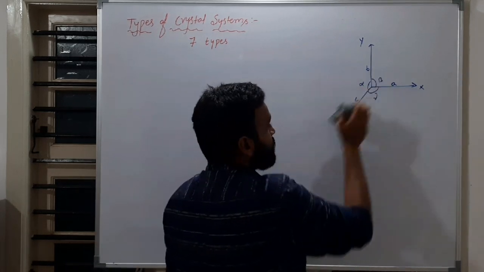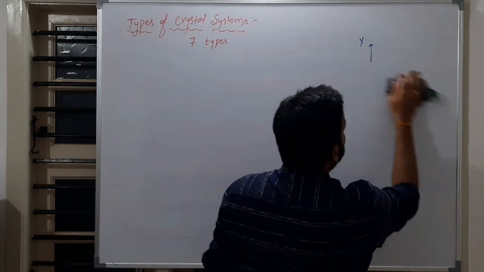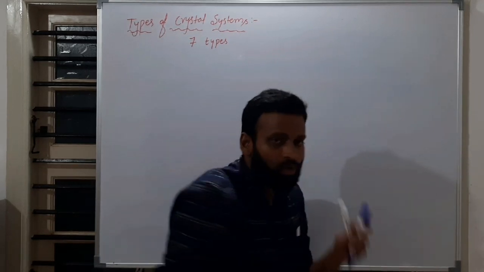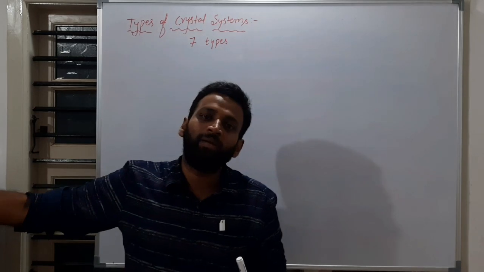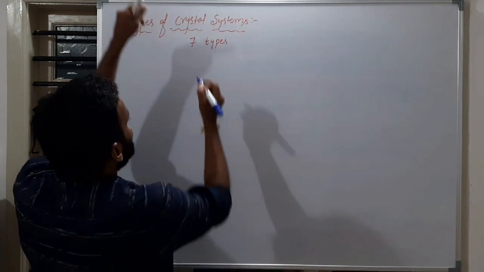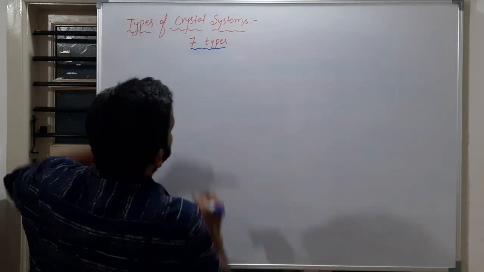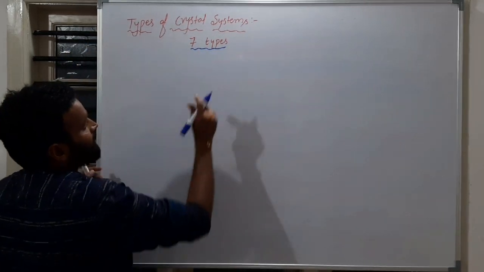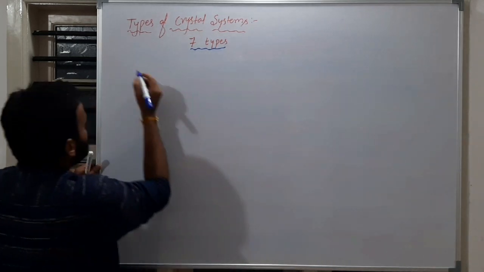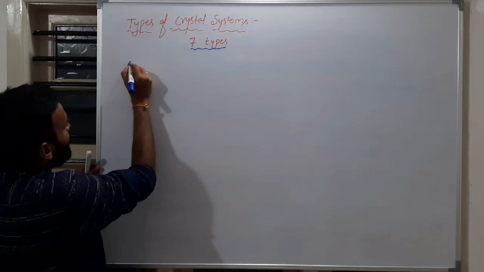Bond angles between two edges, because we are considering a crystal system or a solid in three-dimensional manner like that. So in that way, 7 types of crystal systems we have. And one by one I will write here.